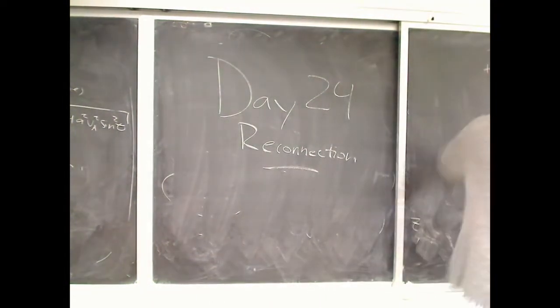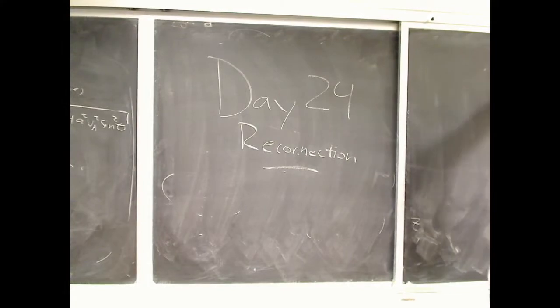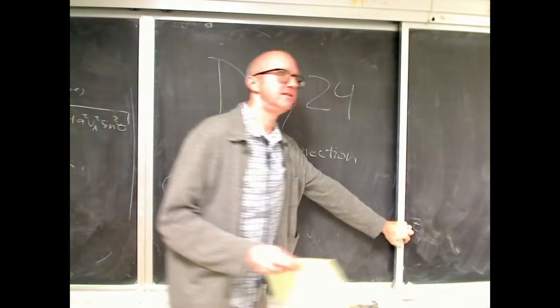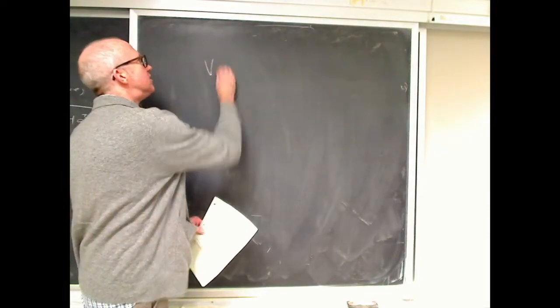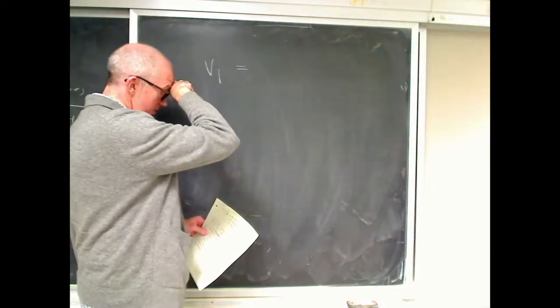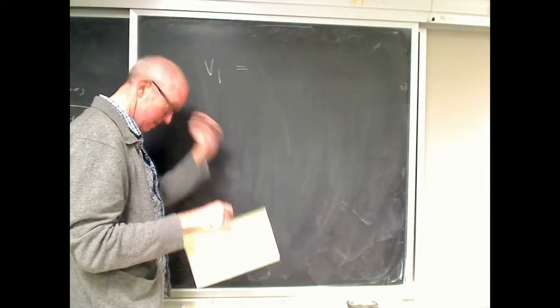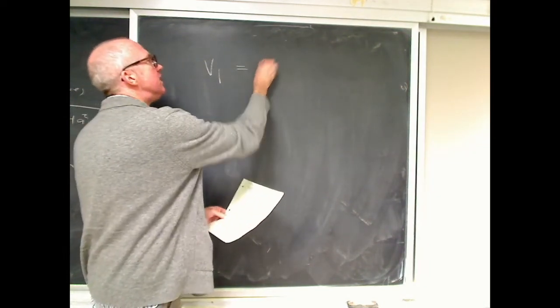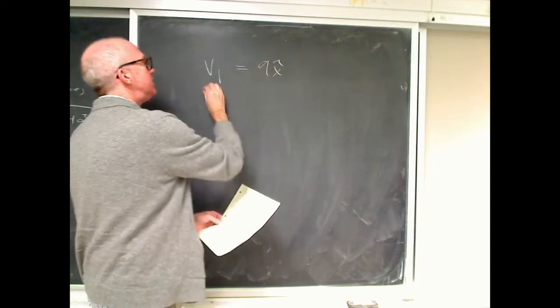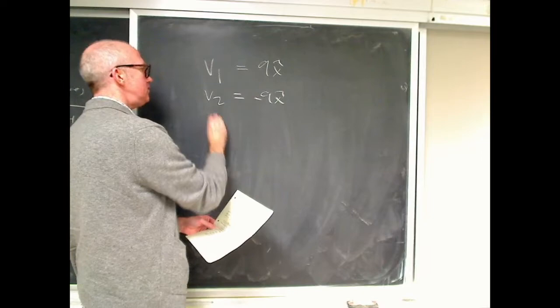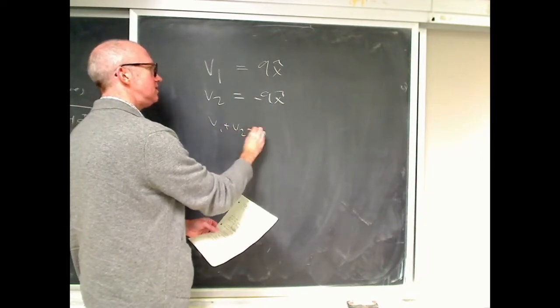So when you have two vector fields and you add them up and they're of opposite sign, what happens? If I have V1 equals 9x hat and V2 equals minus 9x hat, what is V1 plus V2? 0.